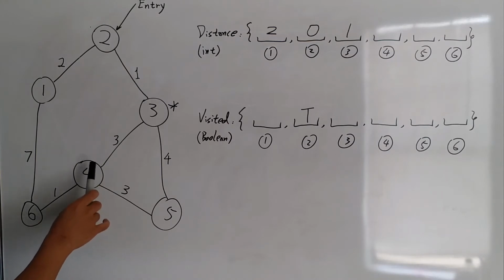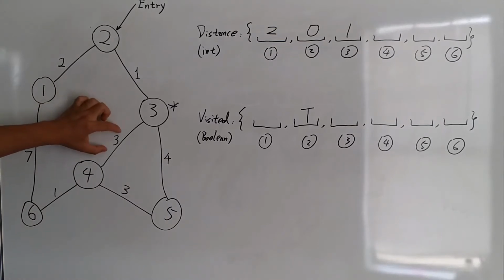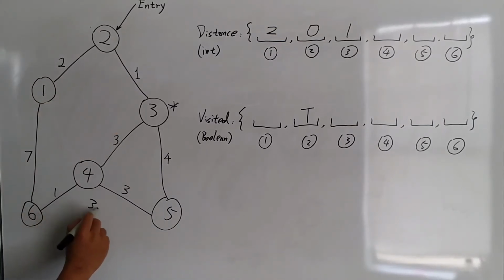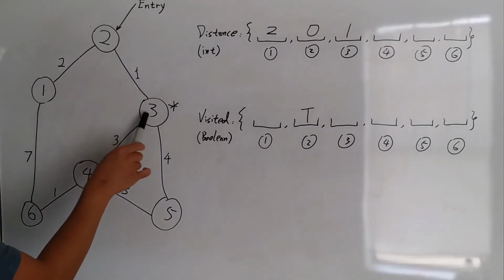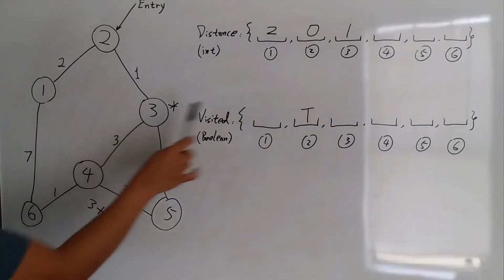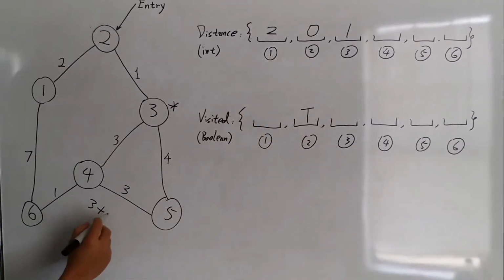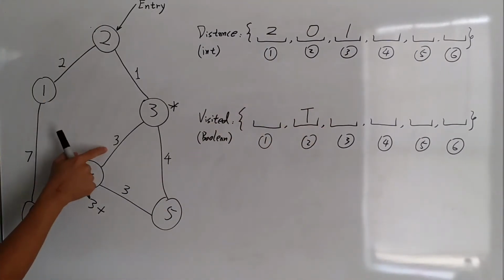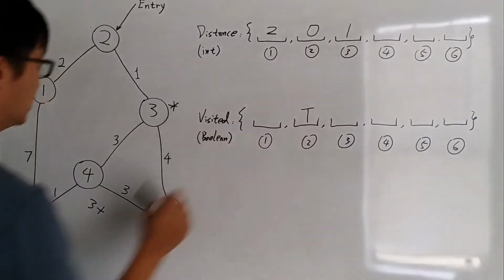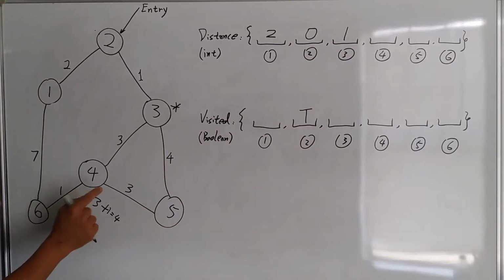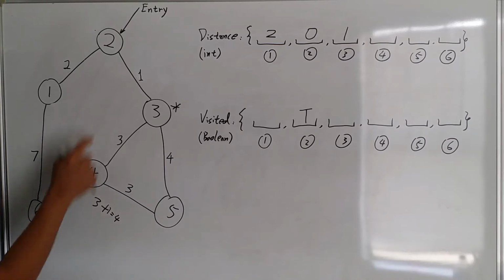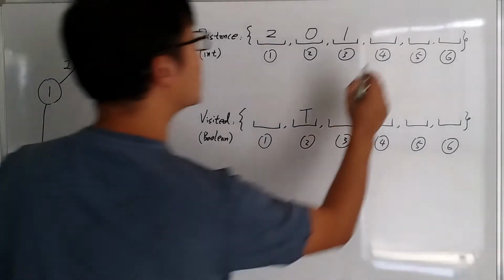Between 3 and 4, the distance is 3. Then we add the distance at node 3, which is 1, so 3 plus 1 equals 4. The distance for 4 to get the signal is 4.